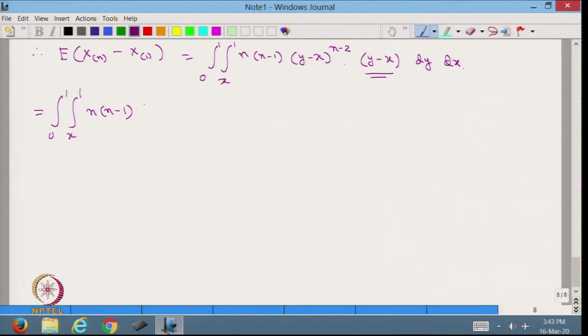1 into (y minus x) whole to the power n minus 1 dy dx, which is equal to integration 0 to 1, n into n minus 1. Now, we are integrating (y minus x) whole to the power n minus 1 with respect to y.